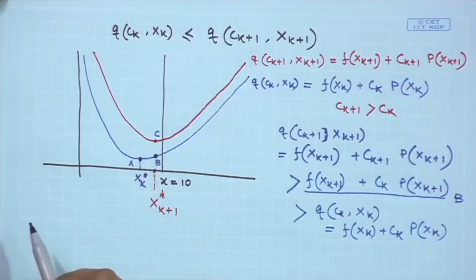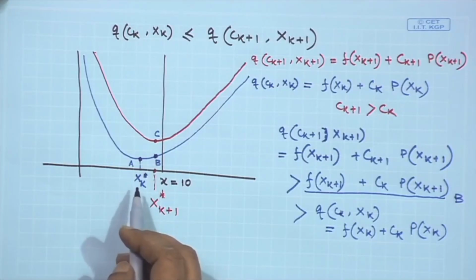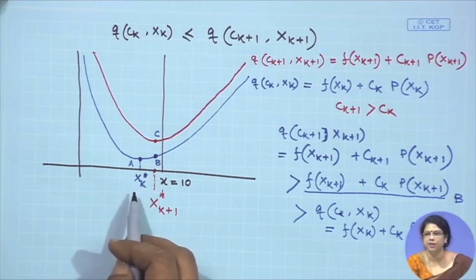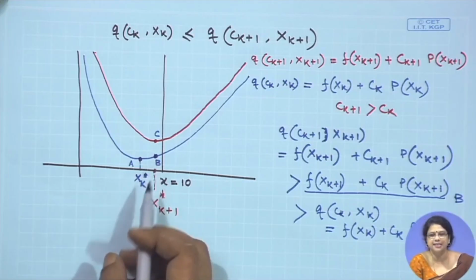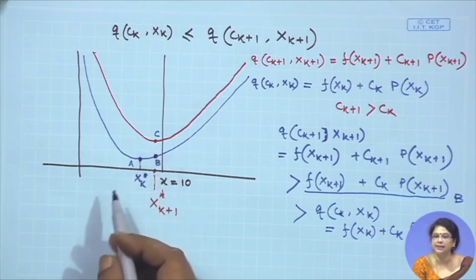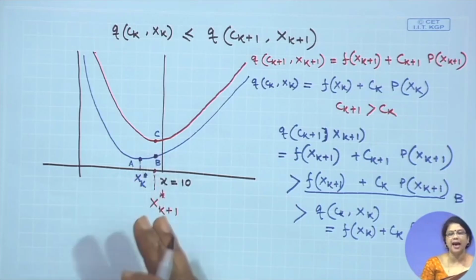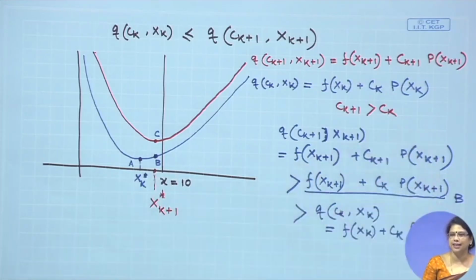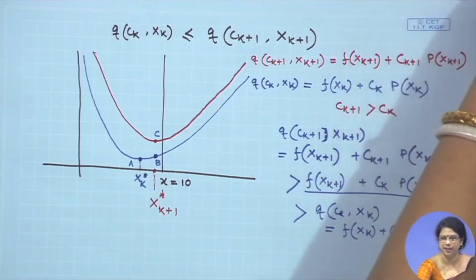The higher value will guide us to get the higher optimal solution. Okay? That is very much clear from the graph. Whatever optimal solution we are getting in the previous situation, in the next situation the optimal solution will be higher than the previous situation. As the value of q is increasing, it is happening this way.